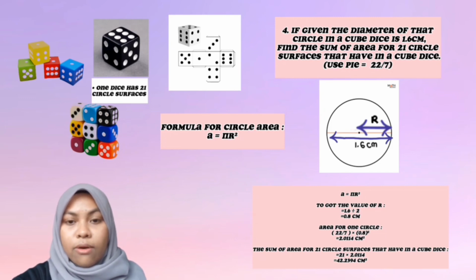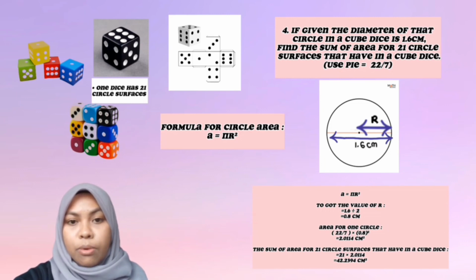To get the value of r, it is diameter divided by 2. 1.6 divided by 2 equals 0.8 cm. Area for one circle is 22/7 multiplied by 0.8 squared. The answer is 2.0114. The sum of area for 21 circle surfaces that are in a cube dice is 21 multiplied by 2.0114, and the answer is 42.2394 centimeters squared.